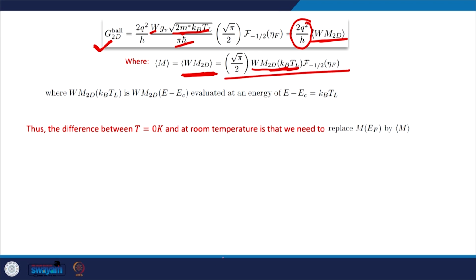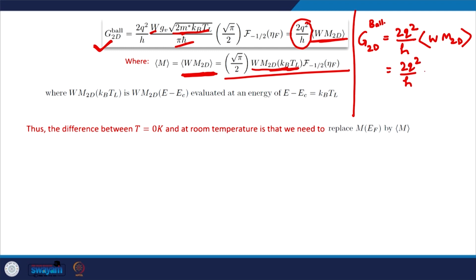Okay. So, what we finally realize is that the conductance in a ballistic conductor at room temperature, let us say, can be written as 2q square by h W times M2D, or it is written as 2q square by h average of M, where this average of M is essentially M2D kT, weighted by the Fermi-Dirac minus derivative.